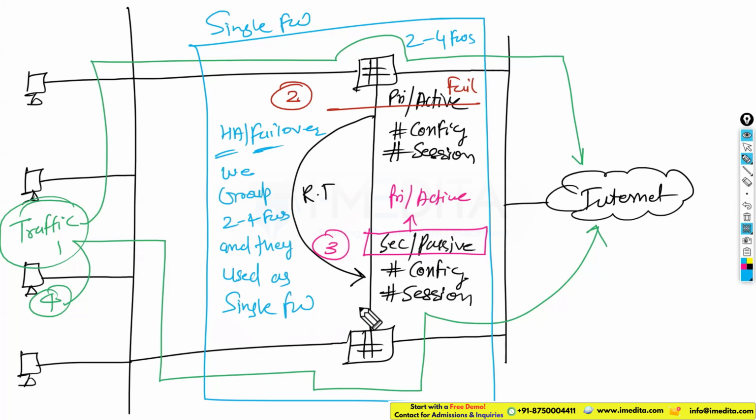Now traffic will go via the new active firewall. This is called HA, and we have two HA types: active-passive and active-active. Done. So this is about HA. Detailed theory we will do when its turn comes. This is just an intro: in HA we group multiple firewalls and use them as a single firewall.